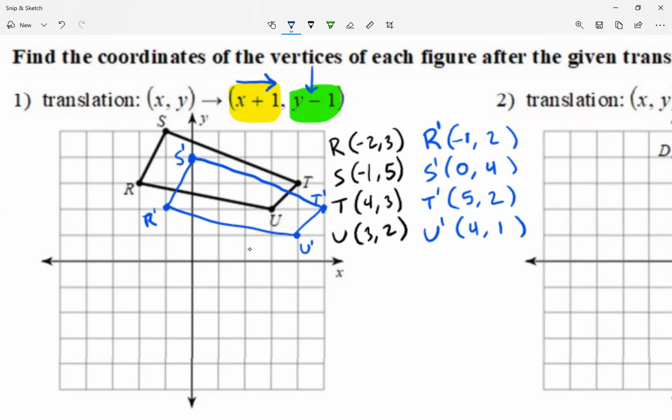Now, in our case, because I want you to be able to work them out, what if you get the coordinate of one of my points incorrect, but you get everything else correct? Kind of expect that to happen on the homework. So what I'm going to do is ask you to put in each of these numbers individually. For R prime, if this was my homework, I will see two blanks on R prime.